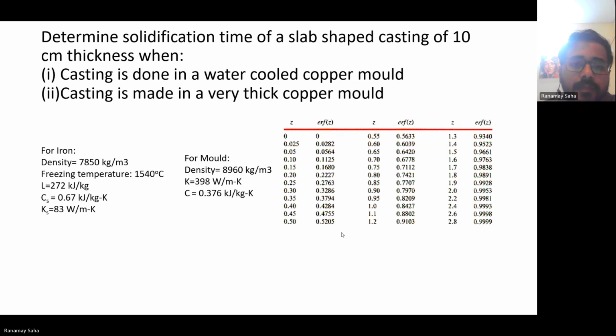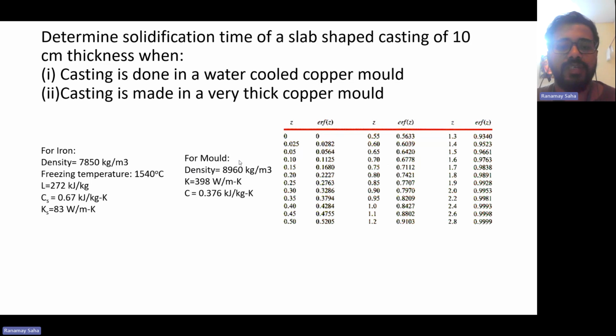So this is the variation in the two situations, and then I have given you these parameters which you may need to solve the problem. So for iron, the density is again 7850, freezing temperature is 1540 degrees centigrade, latent heat is 272 kilojoule per kg, the specific heat is 0.67 kilojoule per kg Kelvin, conductivity is 83 watt per meter Kelvin.